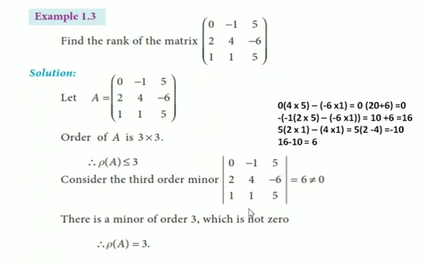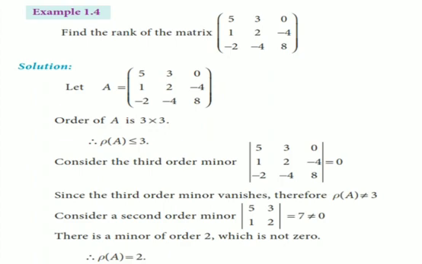Then you leave this row and column and get 2, 1, minus 6, 5. After that, last row, last column, you get 2, 4, 1, 1. If you subtract all the terms, you get the answer as 6. 6 is not equal to 0. So there is a minor of order 3 which is not 0. Therefore, the rank of A equals 3.